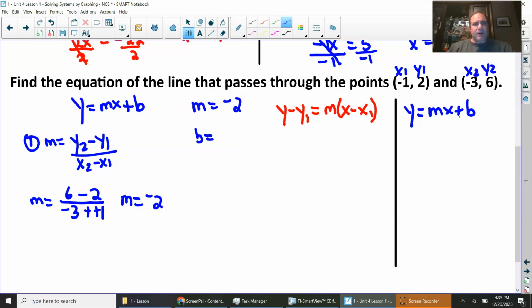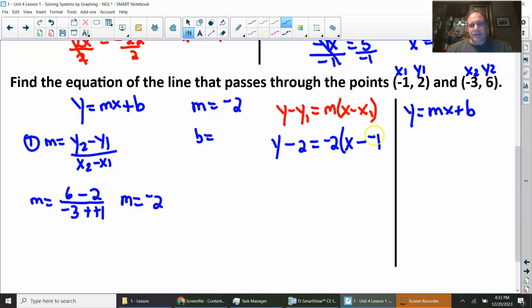It's y minus y1 equals m times x minus x1. So the y comes down right here as y. The y1, I already have it labeled as 2, so I'm going to put that in as 2. The m that I found, the negative 2, is the slope. The x stays x, and then the x1 is negative 1.